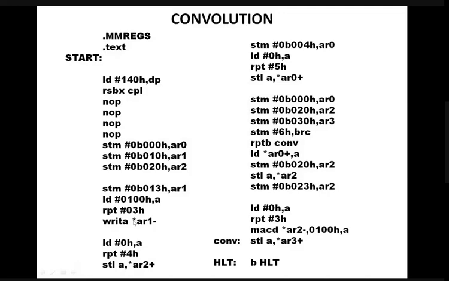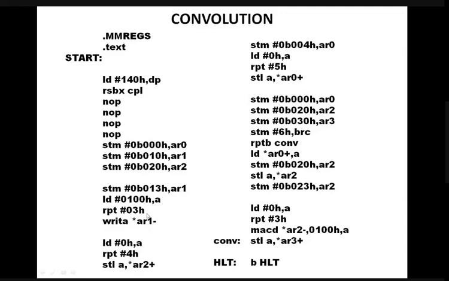So write the accumulator content into the program memory location pointed by AR1, and after writing into that program memory, decrement AR1. Now AR1 is pointing to B013, then decrementing AR1 means AR1 will become B012.